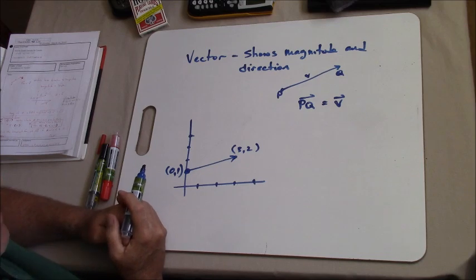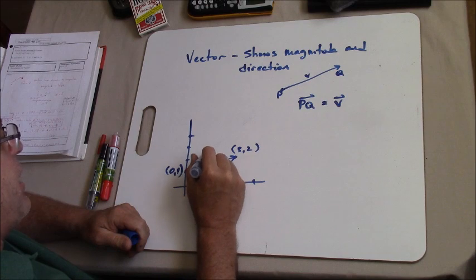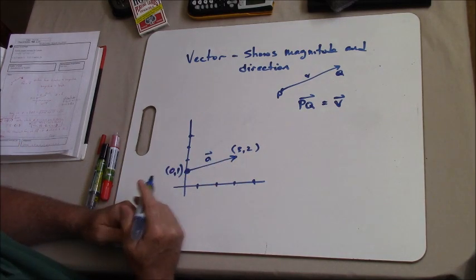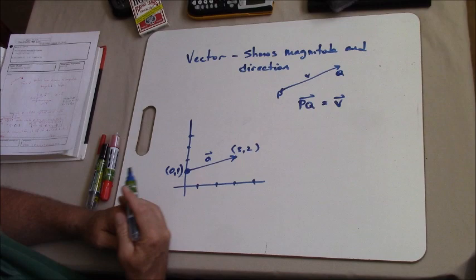What we're really talking about is the length. And so if I call this vector A, to find its length I would just use the distance formula.